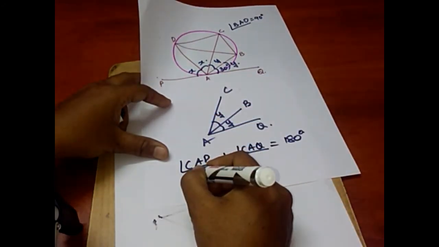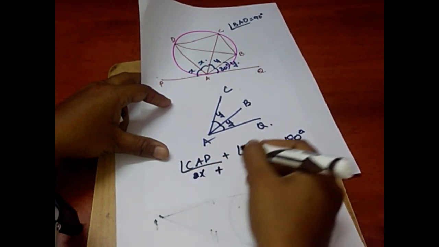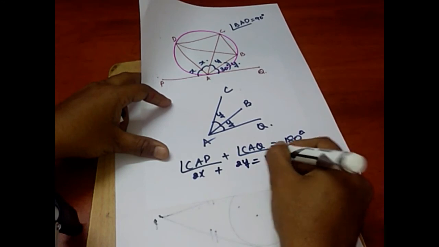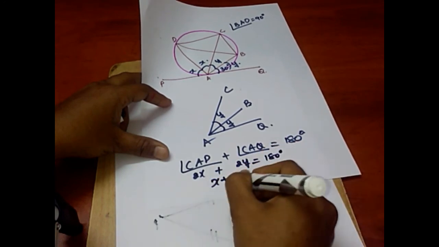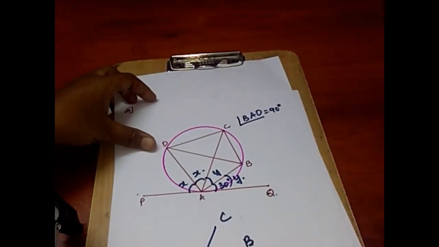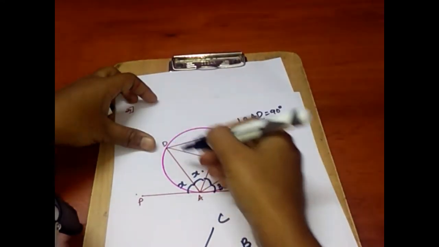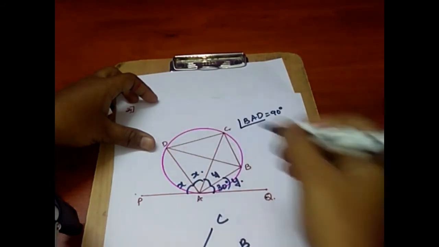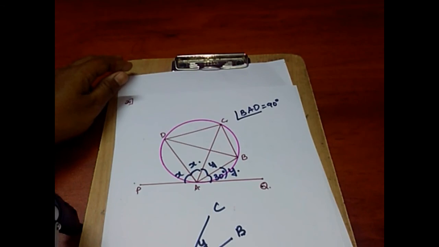What is CAP? CAP is 2x. What is CAQ? CAQ is 2y. So we are going to get the result x plus y is equal to 90 degree. If x plus y is 90 degree, what is x plus y? Angle DAB is 90 degree. Hence we can say that BD is a diameter.